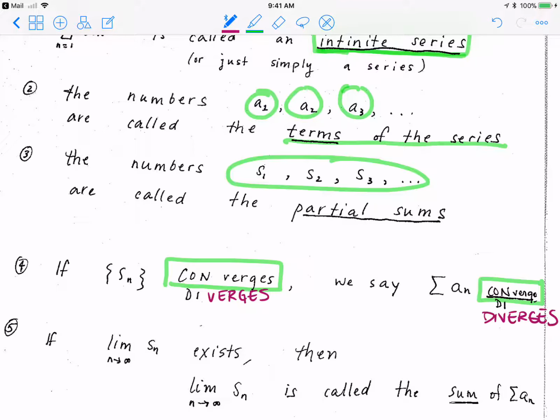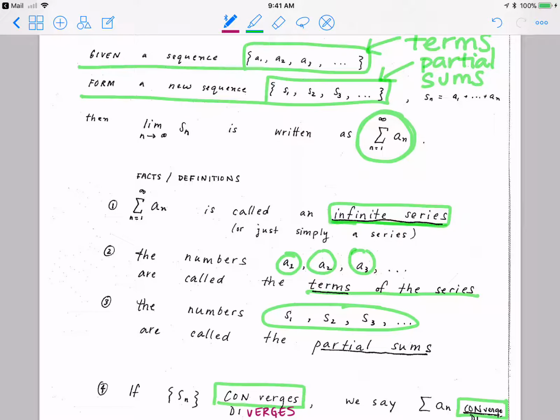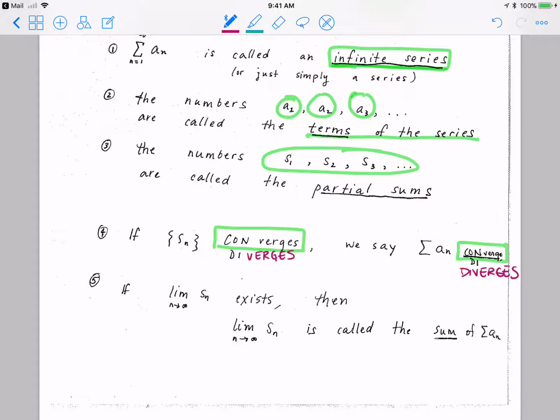Why? Because your series is the limit of your partial sums. So if this converges, then the series converges. And if this limit, your partial sums, diverges, then your series diverges.